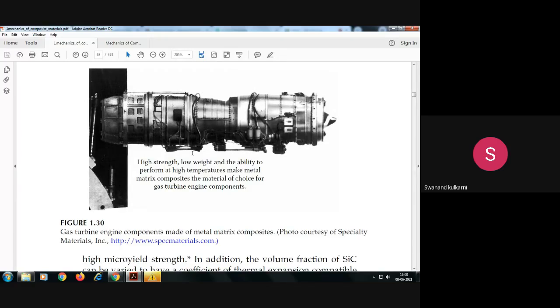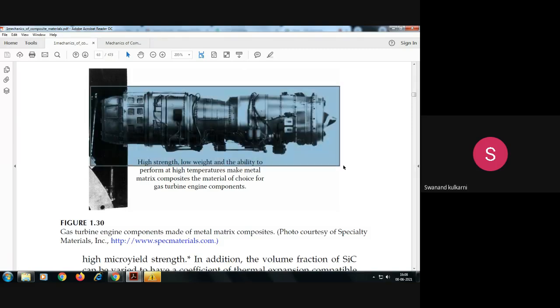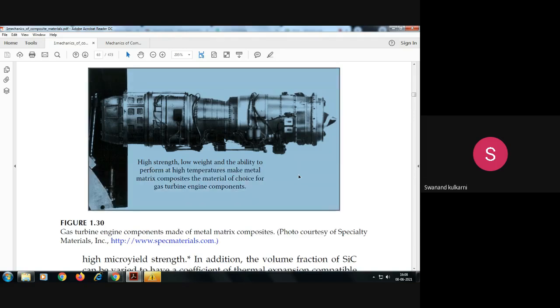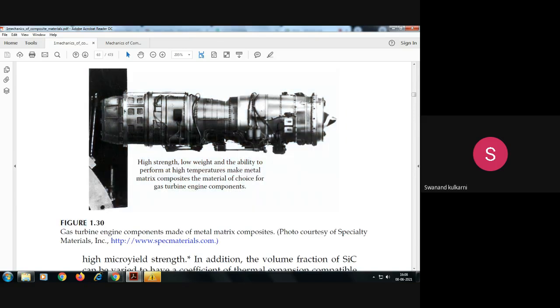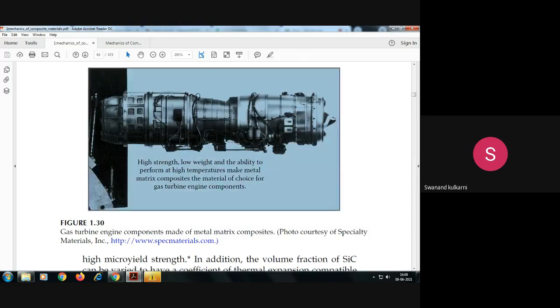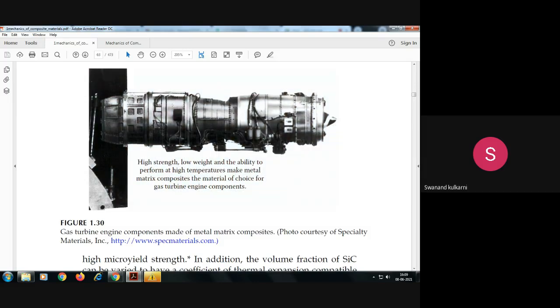In gas turbine engine components, metal matrix composite is used. The example shown here is gas turbine engine components, manufactured with the help of metal matrix composites. In case of polymer matrix composites, we say these composites are used for secondary applications.